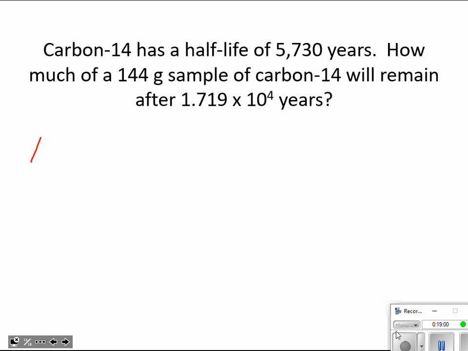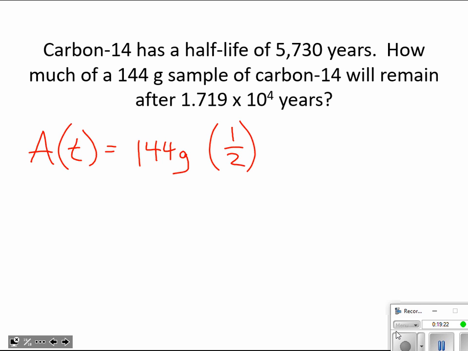So I'm going to start out with my A sub T. That is what I'm trying to find. How much of the sample of carbon-14 is left? My A sub 0 is going to be 144 grams. My 1/2 is there, and now I have T over my half-life, T over T sub 1/2, so that is going to end up being an exponent.